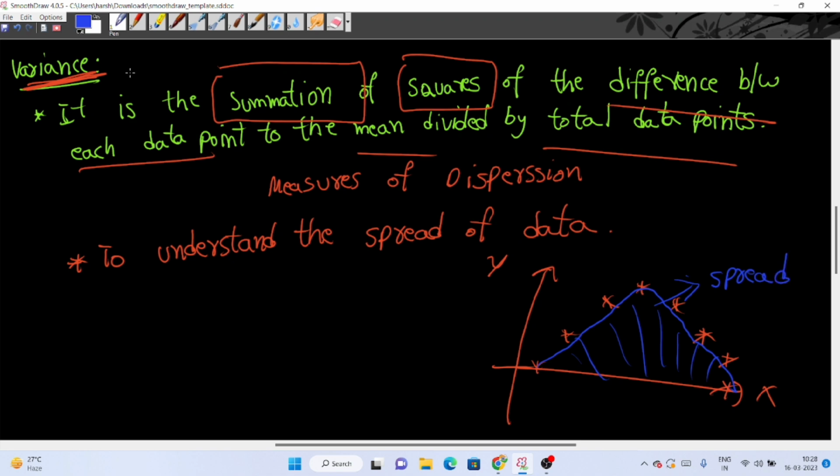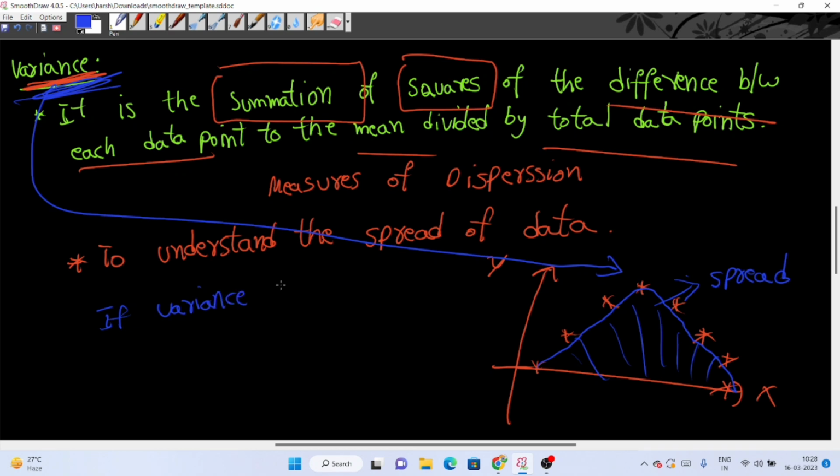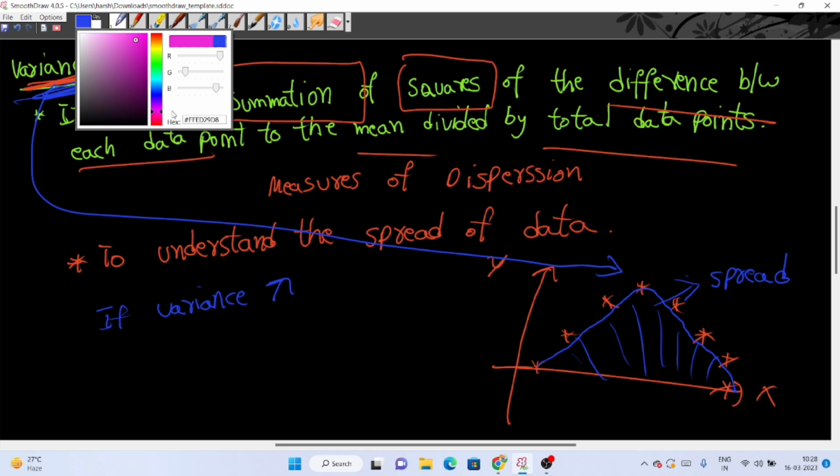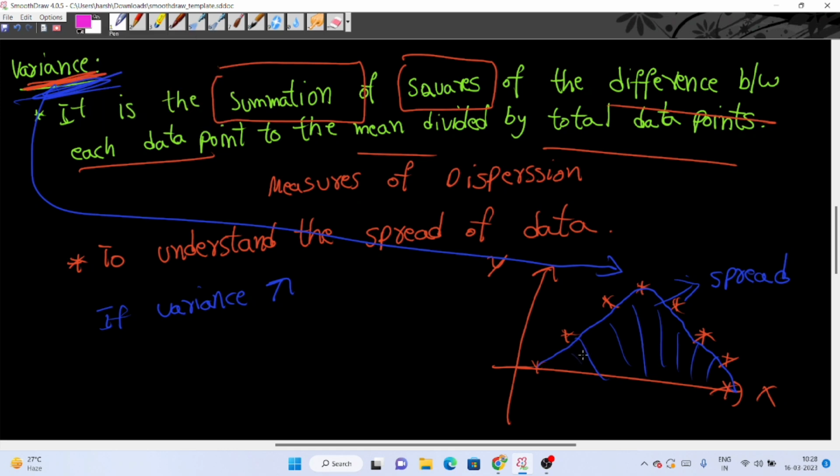Variance is used to understand this spread, and there is a correlation between variance and spread. That is, if variance increases, then obviously this area will increase. For example, let us say this area is somewhat 10 points.